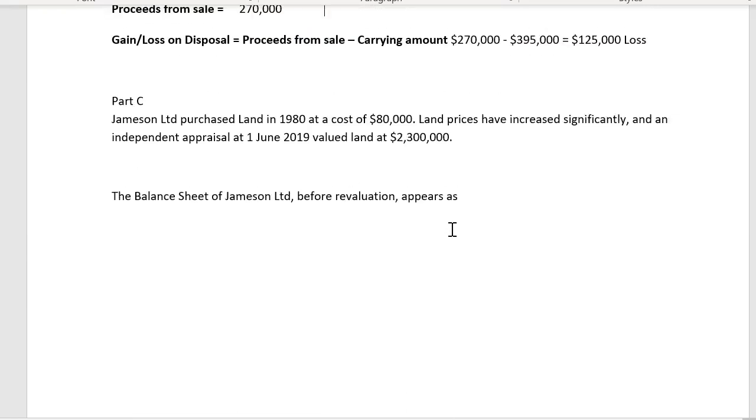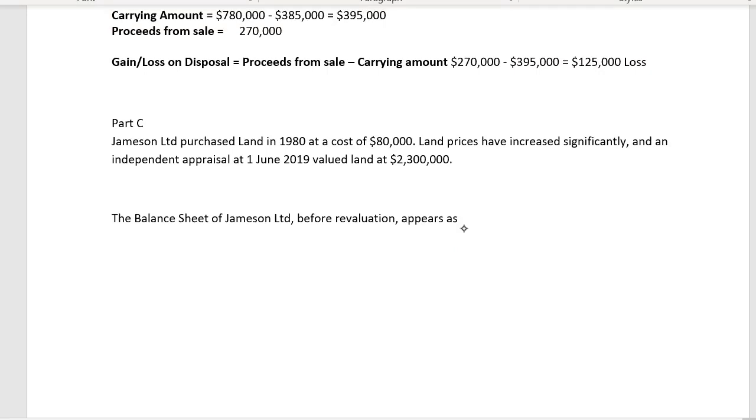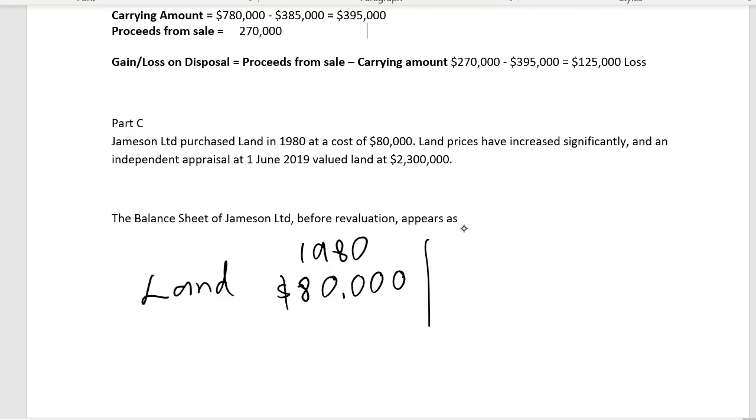Okay, so let's start. Now, in 1980, if you take land, it was purchased at 80,000, and in 2019, the value of land went up to 2.3 million.